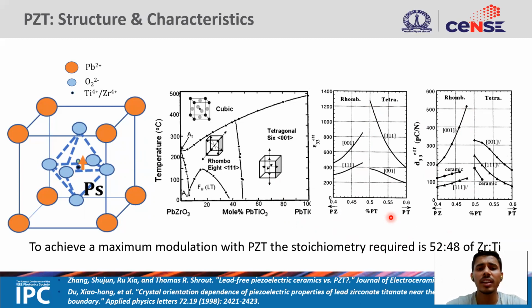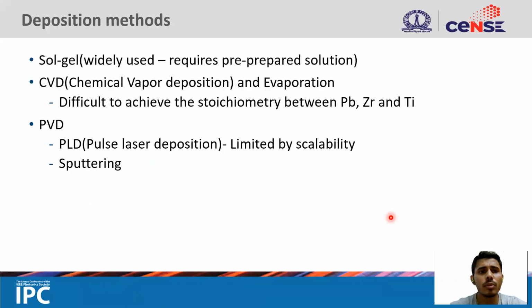Hence, the first target that we need to achieve before moving on to making an electro-optic device is getting the stoichiometry around 52:48, which corresponds to the morphotropic phase boundary. Taking this into account, we proceed ahead to what deposition methods we want to use to fabricate our device. The first is the sol-gel process.